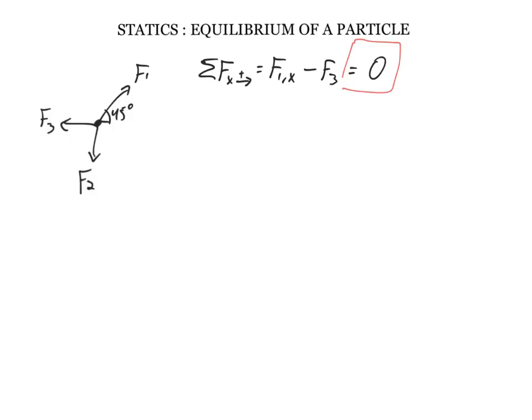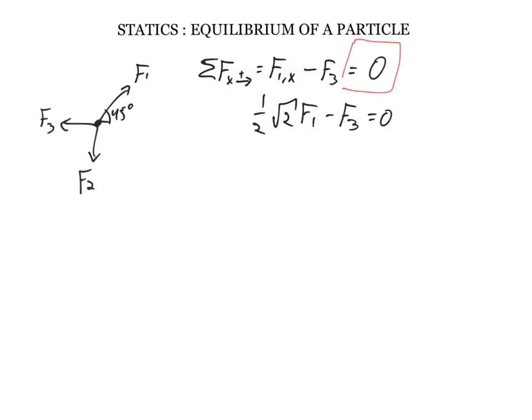From our previous discussion about the decomposition, we know that F1 in x direction is equal to half square root 2 F1, minus F3 makes 0.